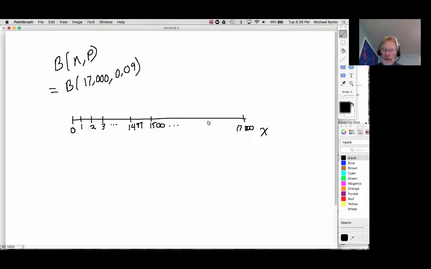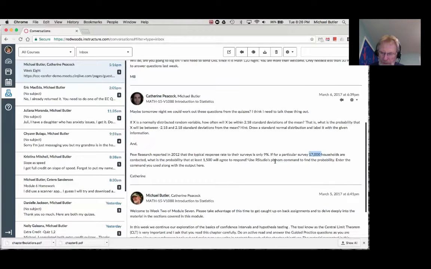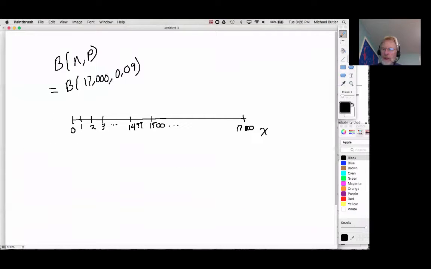Well, what do they want from us? They're asking, what is the probability that at least 1,500 would agree to respond? So at least 1,500 means 1,500 or more, right? So what's the probability of x being greater than or equal to 1,500 is what they're asking you for.